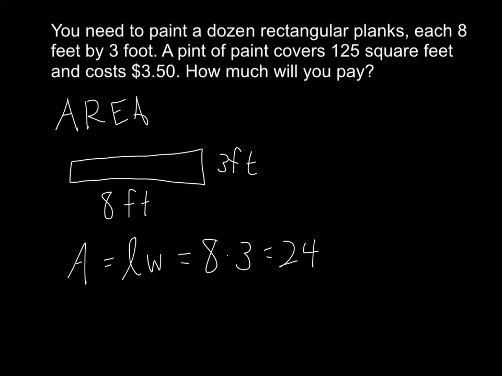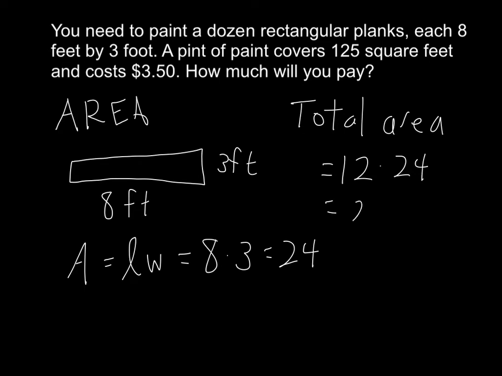So my total area is going to be 12 times 24. That is 288 square feet. So I've done step one. I have found the area. I'm going to have to remember this number to figure out what the number of pints is going to be.